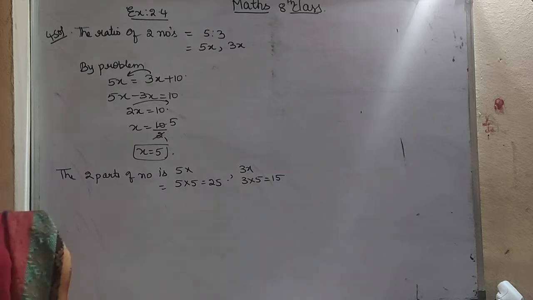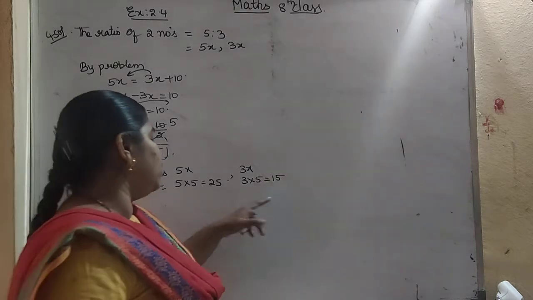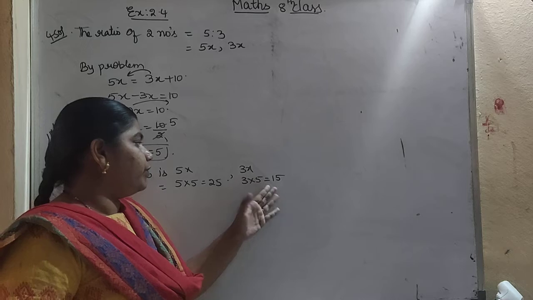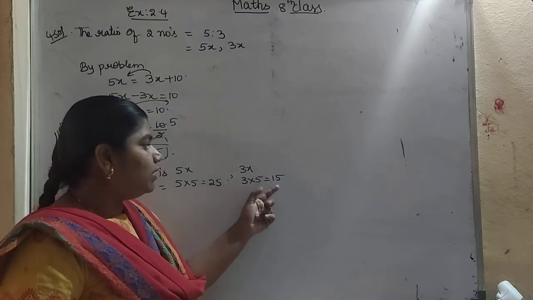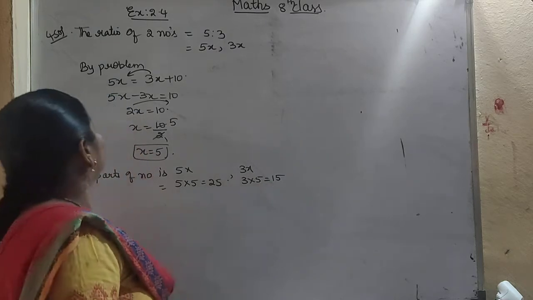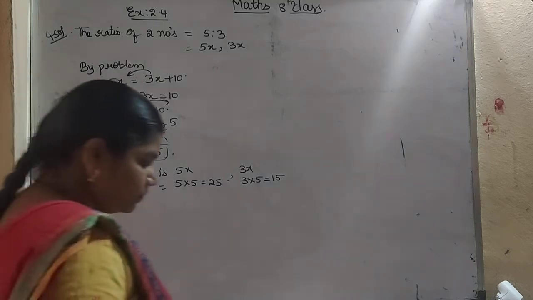So the first part is 25 and the second part is 15. If you see, this 25 is 10 more than the second part. So this is our fourth solution.